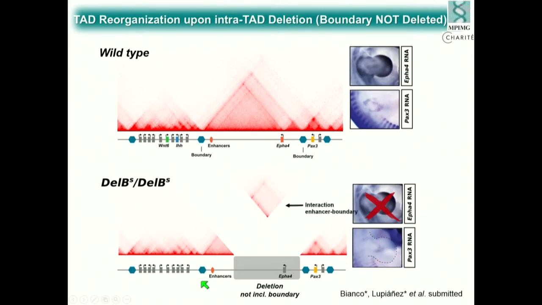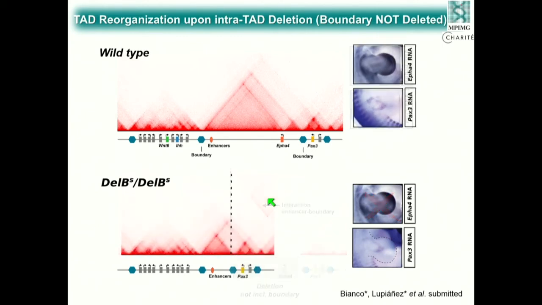Actually, if we look at the contacts, we saw that the contact from the enhancer was limited to the boundary region, and that we didn't see extra contact a little bit further away. Right. So in that case, by preserving the boundary element, we could still split the two TADs into different regions of interaction and shelter the regulatory information and the gene.